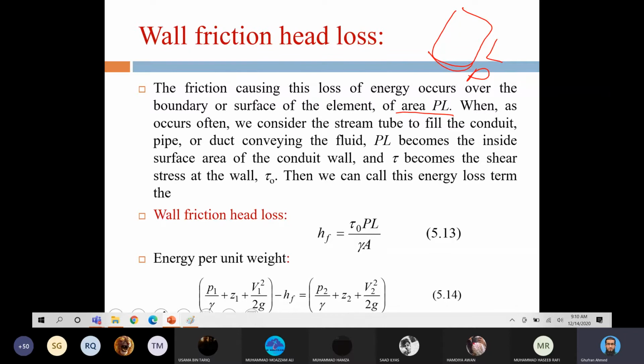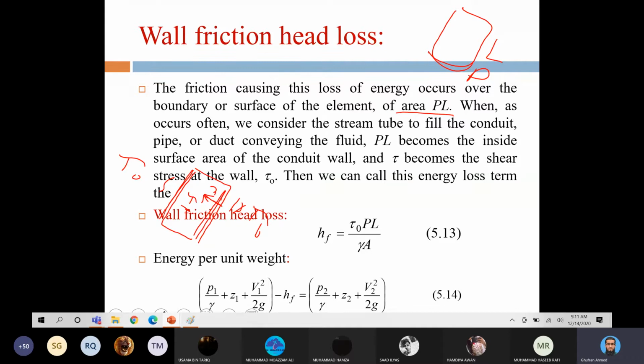When this occurs, often we consider the stream tube to fill the conduit, pipe or duct conveying the fluid. PL becomes the inside surface area of the conduit wall and tau becomes the shear stress at the wall, tau naught. Okay. The tau naught wherever it comes, you have to remember it is the shear stress at the wall. Whatever shear stress is at this wall is tau naught, and shear stress at some distance away from the wall, at say x, is represented with tau.